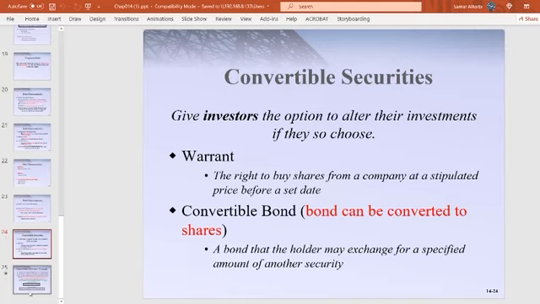That's how it is becoming a convertible security. Similarly, for the debt holders, also for convertible bonds, that means, for example, a company has issued debt, this bond, which is debt. It can say that, okay, after some time, you give me back my bonds and you can take some shares of the company. So when a bond can be converted to shares, it is known as a convertible bond.